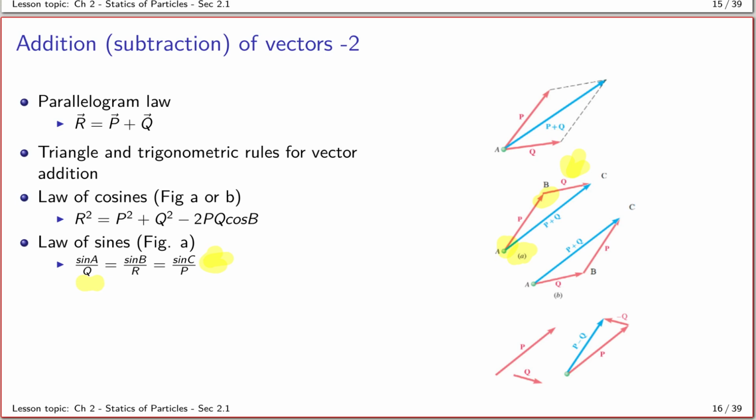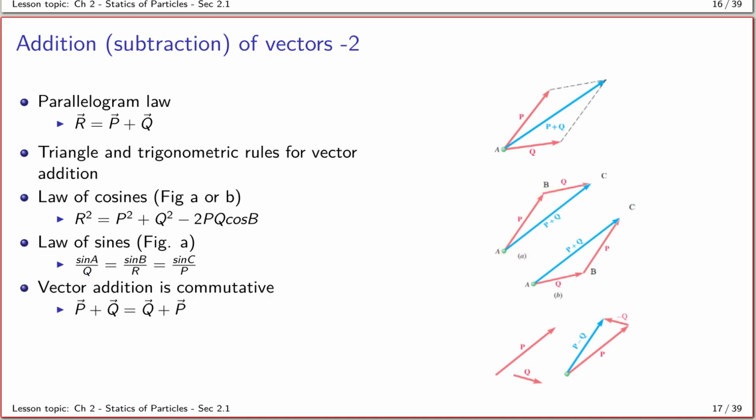And likewise, the sine of C divided by the opposite side, which is P. So this is the sine law. The parallelogram law along with the law of cosines and the law of sines, and the geometrical method, these are 4 of the ways in which you can add and subtract vectors.